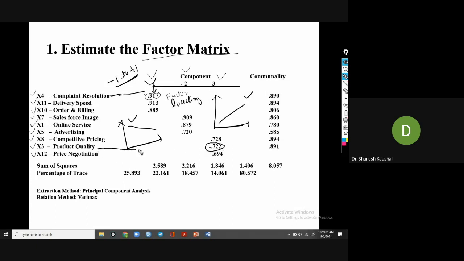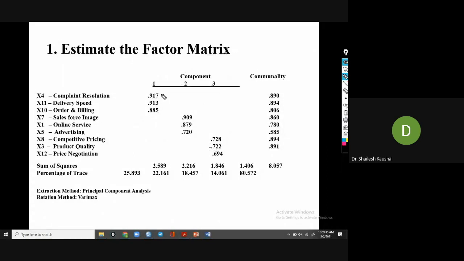It means there is a negative relationship between product quality and this component. So all the factor loading values, whether positive, like 0.91 or 0.913, theoretically should be greater than 0.714 theoretically.